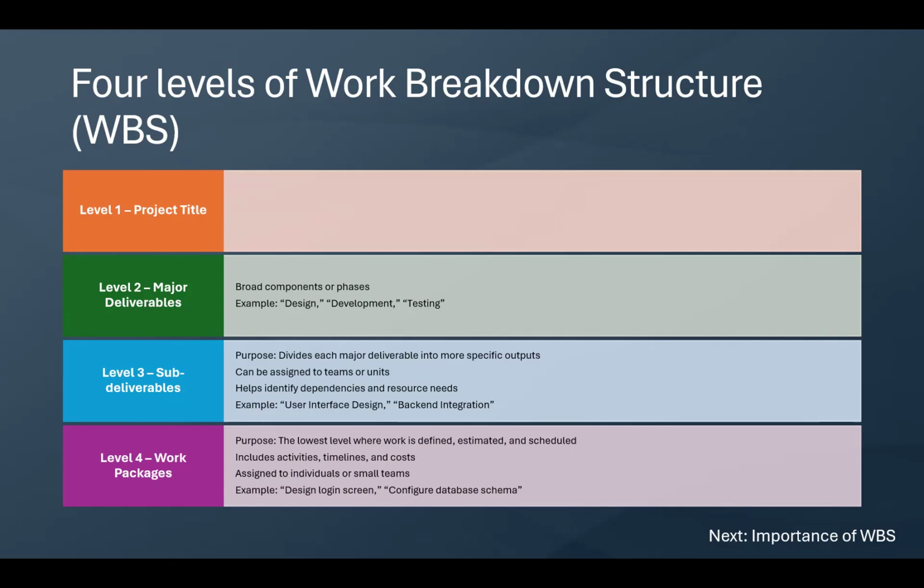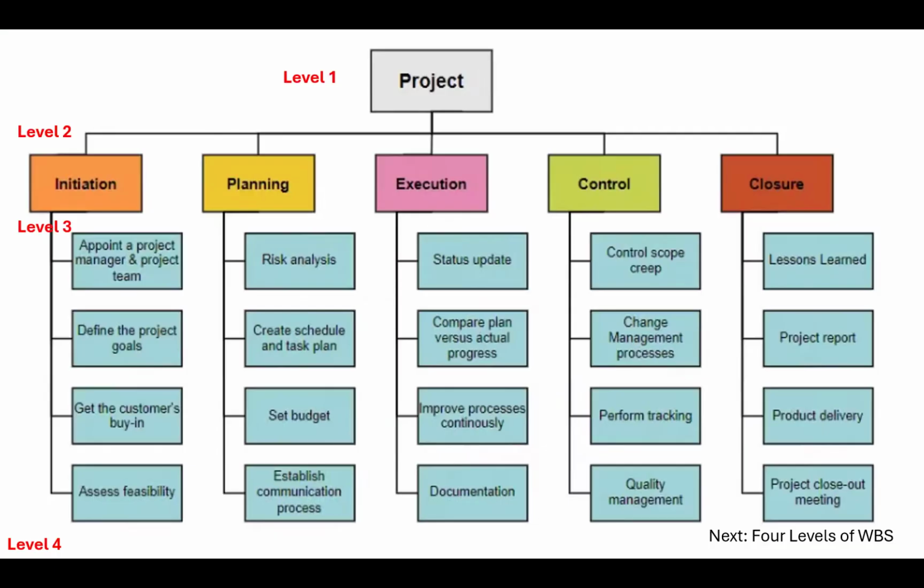Let's move back for a second. Again, you see level 1, level 2, level 3. We don't have the level 4 created yet. But see how it starts global and just comes down, getting smaller and smaller, providing more detail.